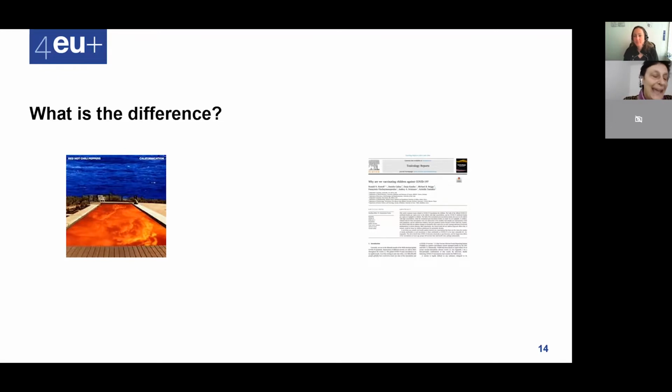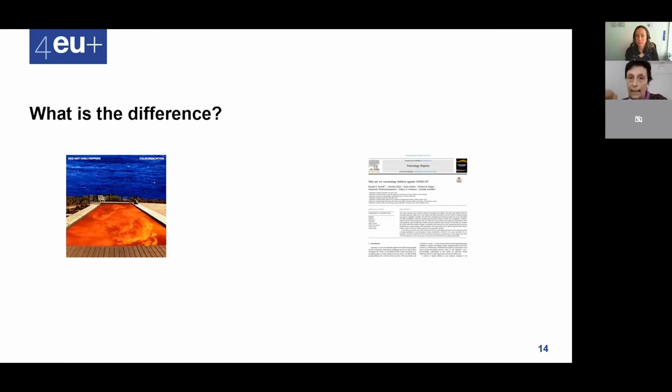No difference, okay. I mean, it is in the interest of Red Hot Chili Peppers to protect their work in order to receive royalties, because they can gain from these royalties, and they can continue to compose songs and music and so on. It is quite different for the author of the article on COVID-19, because they are normally paid by the state for their work.